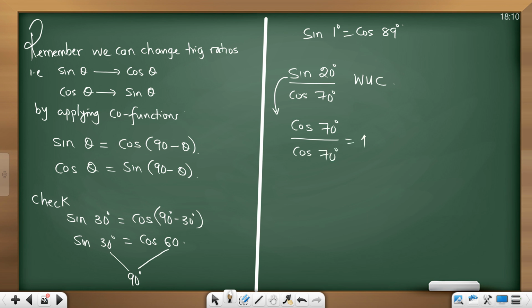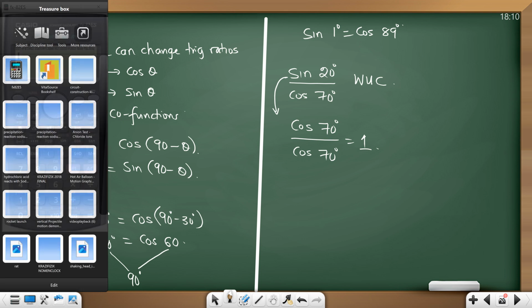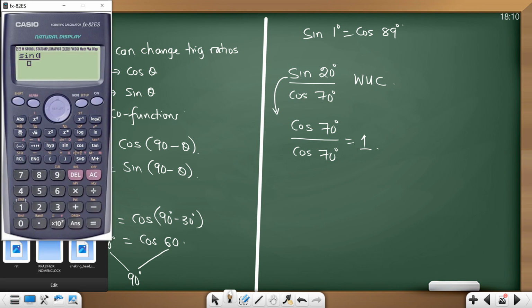Let's prove it on a calculator. Sine 20 over cos 70. Come quickly, everybody. Check.